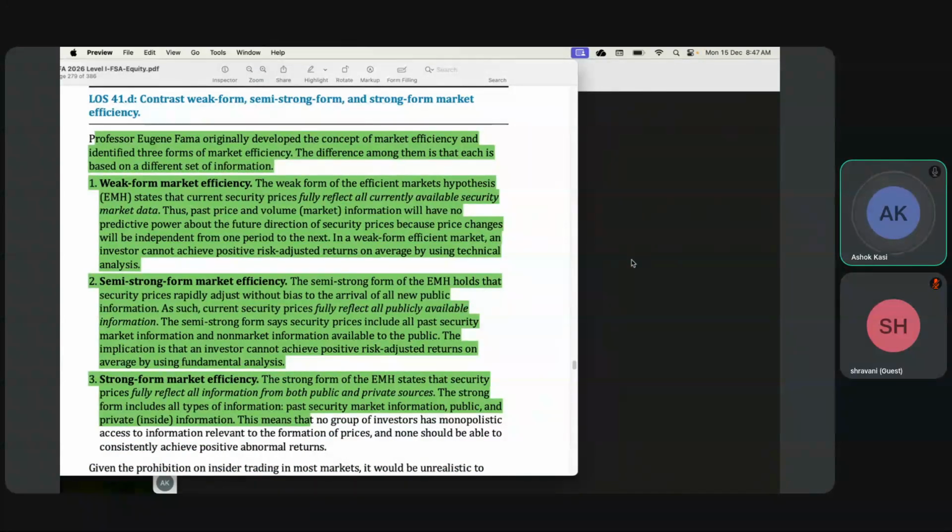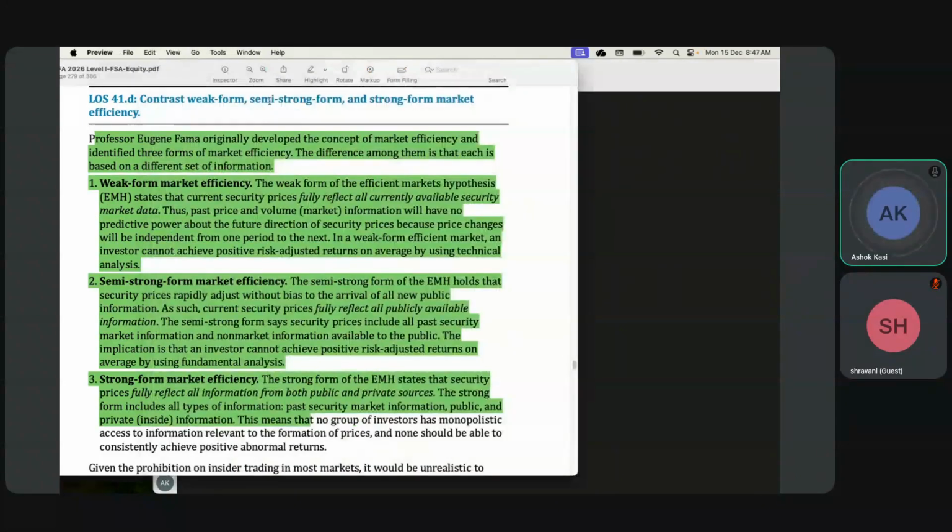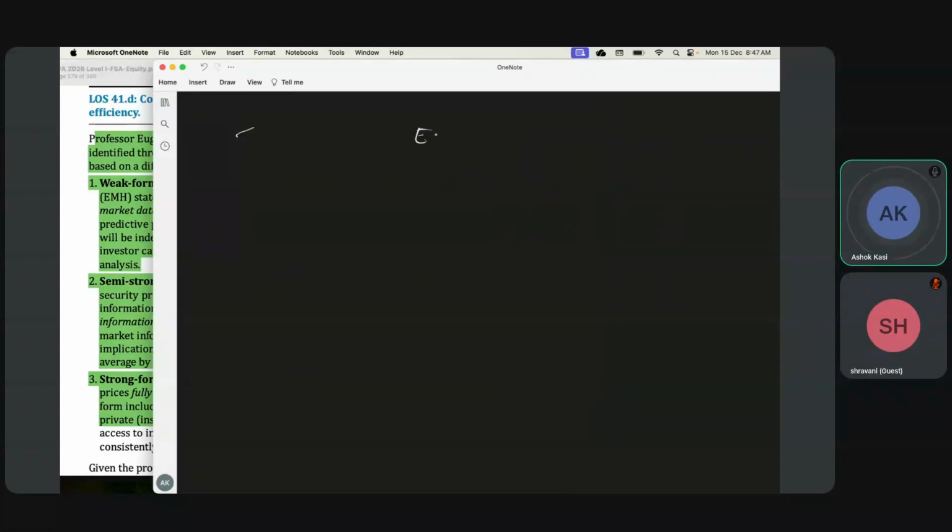The heading will be efficient market hypothesis, EMH.